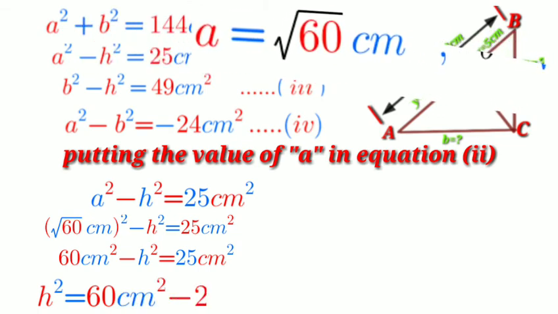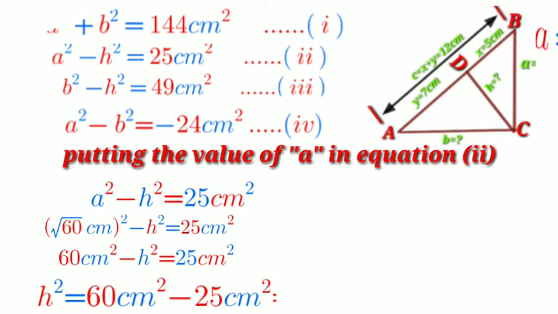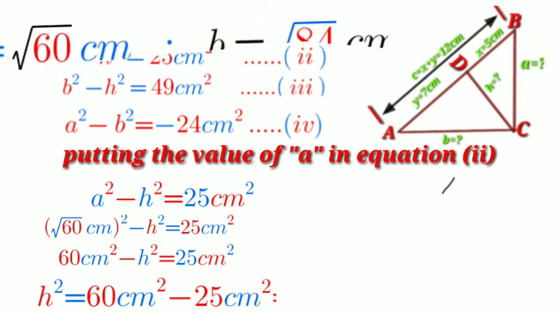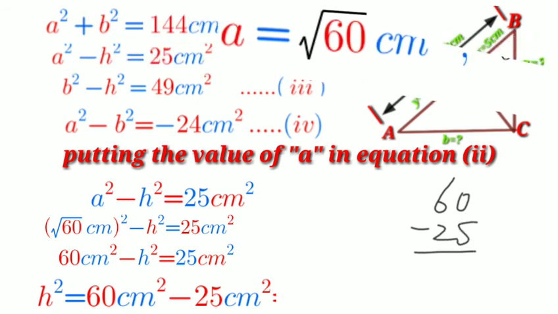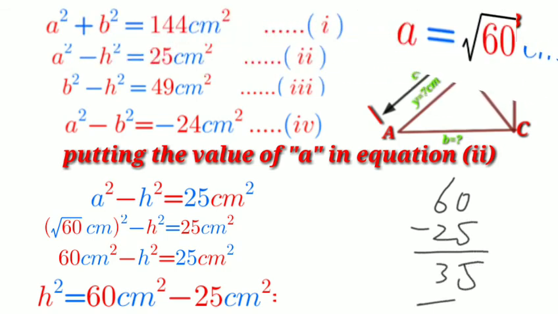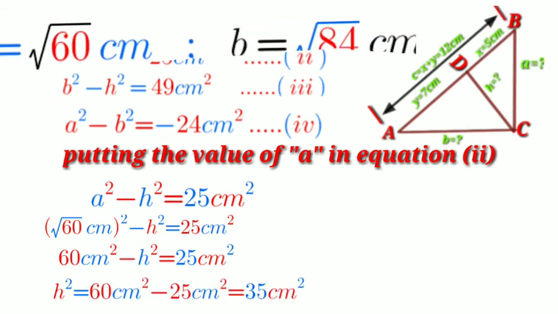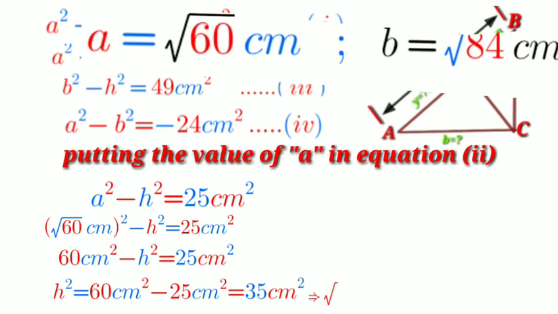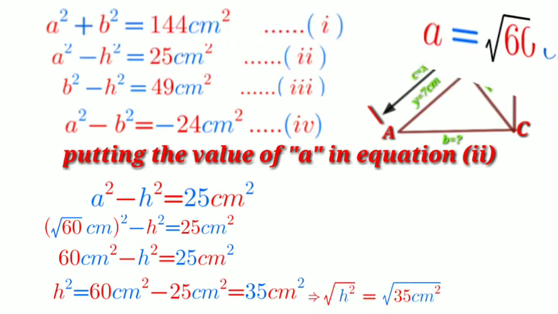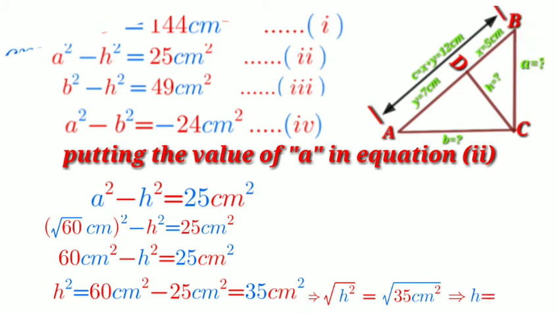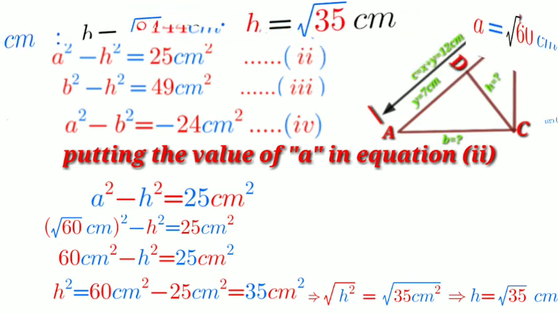H square is equal to 60 square centimeter minus 25 square centimeter. The difference of the 60 square centimeter and 25 square centimeter is 35 square centimeter. Taking the under root on both sides, the value of H becomes under root 35 centimeter.